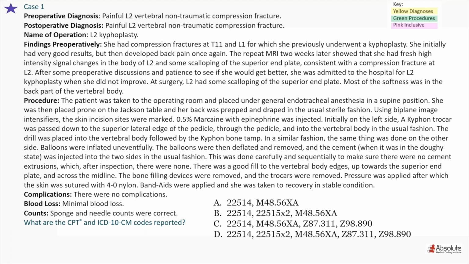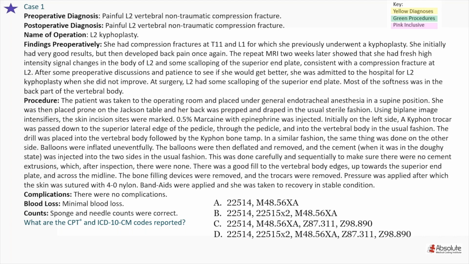C, 22514, M48.56XA, Z87.311, Z98.890. D, 22514, 22515 times 2, M48.56XA, Z87.311, Z98.890. Preoperative diagnosis, painful L2 vertebral non-traumatic compression fracture.